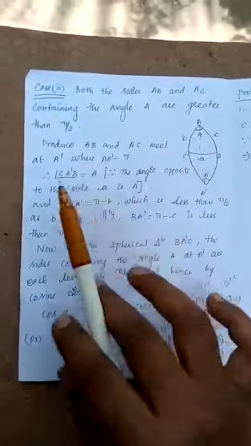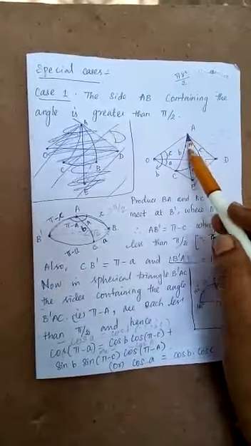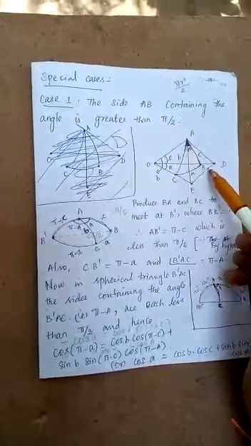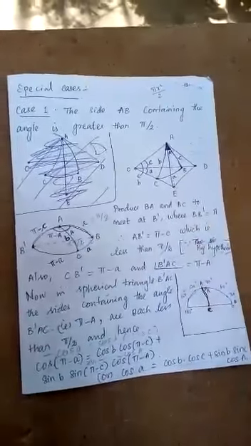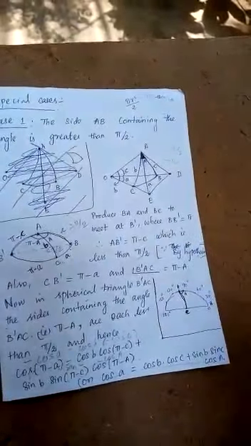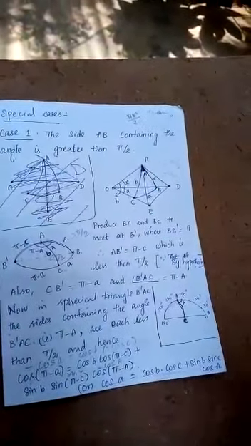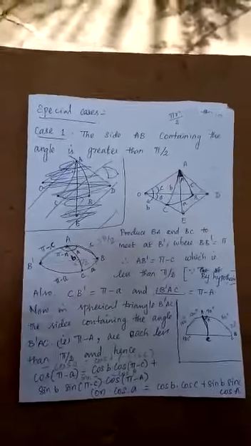Case 2 is when both the sides AB and AC are greater than pi by 2. Again I remind you, when will we apply the cosine formula?